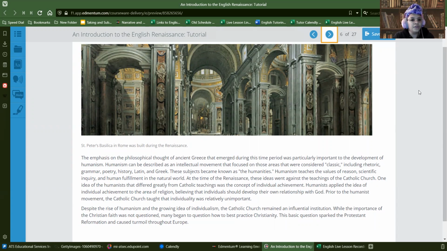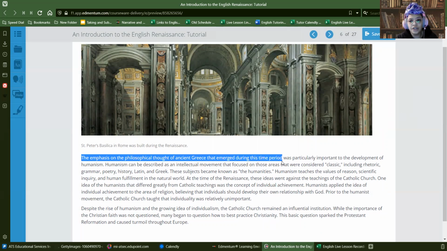Now on this slide, they give you a lot of information about how the thought process of the classics was incorporated into things. So this is just actually a lot of information, and there's no real way to get past it other than to actually just write down what's important. So here, they start off with the emphasis on the philosophical thought of ancient Greece that emerged during this time period was particularly important to the development of humanism.